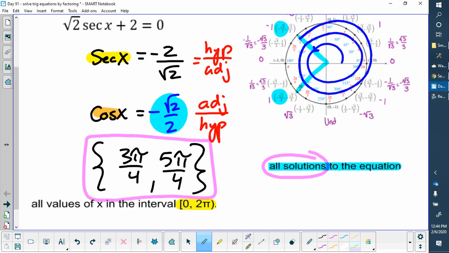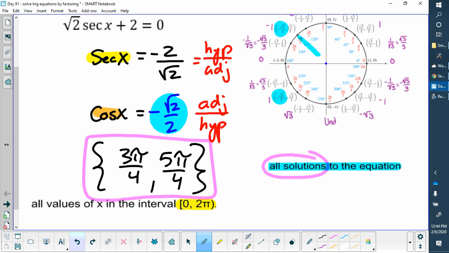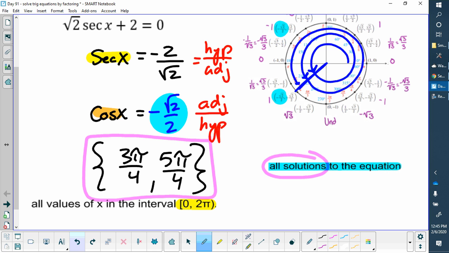So technically, there's an infinite number of solutions to get to the same line. I'm in the same boat if I'm down here at 225 degrees. I could do 225 to get there, or I could add another 360 to get to the same spot, or add another 360. I could just keep going and going and going.